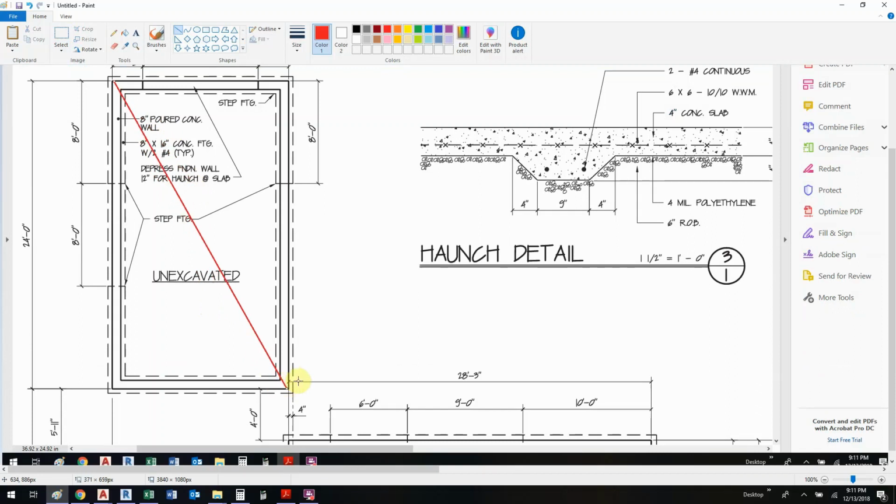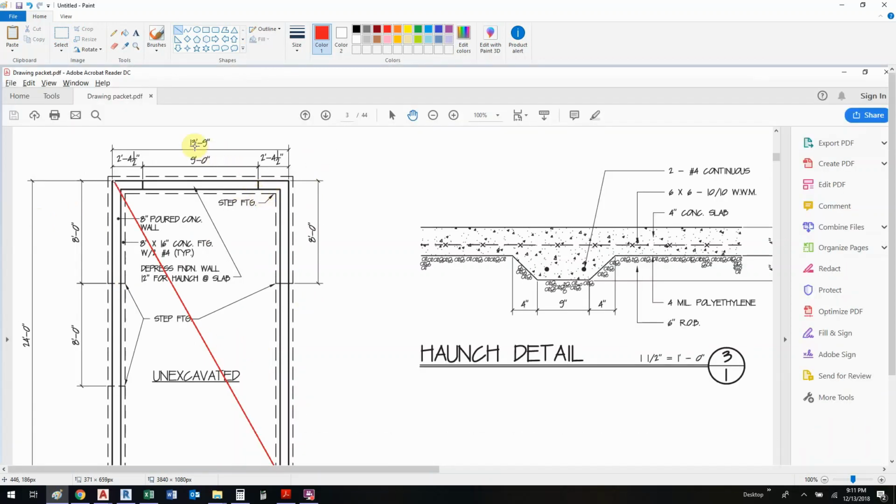And how do we find that out? So we have 24 feet on the long side here, and we have 13.9 on the short side.